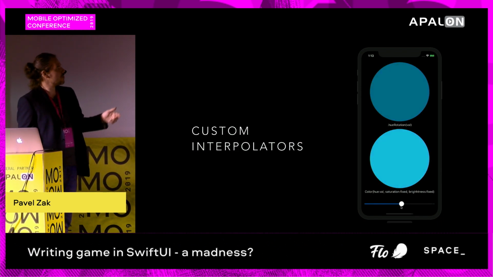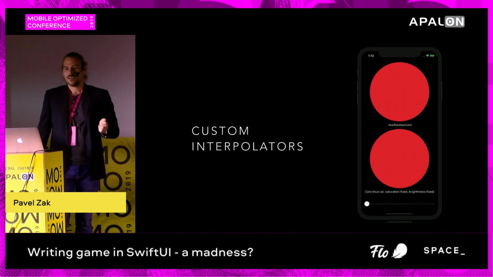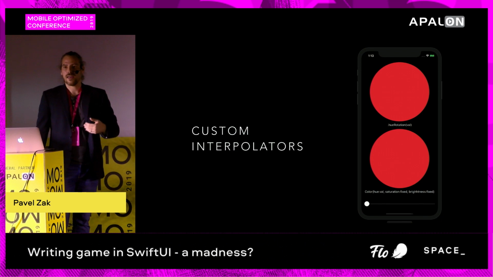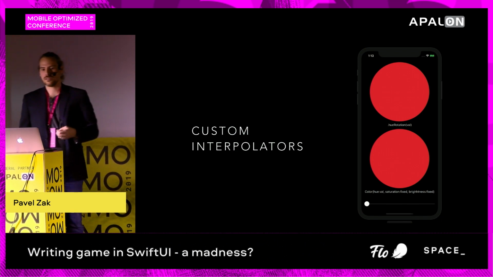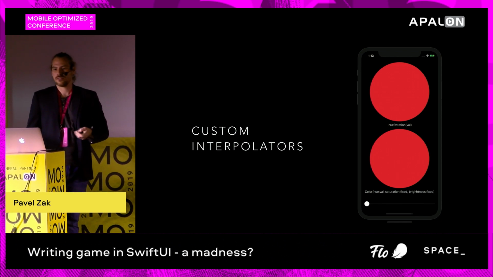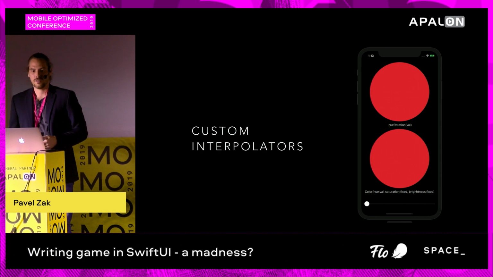It simply doesn't preserve saturation and brightness values. And this is something that messed the feeling, for example, of my game. And I had to implement my custom interpolators and custom hue rotator for that. Again, it's possible, but unexpected.